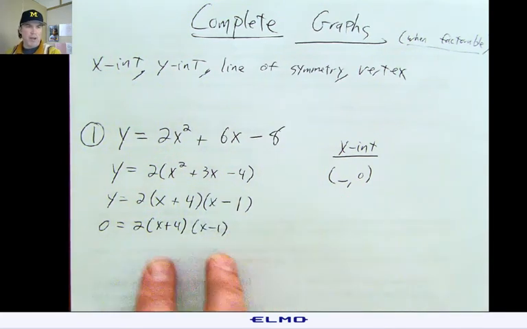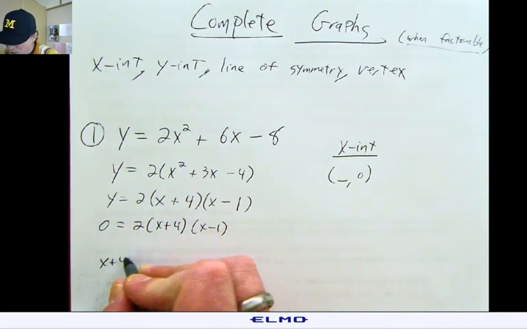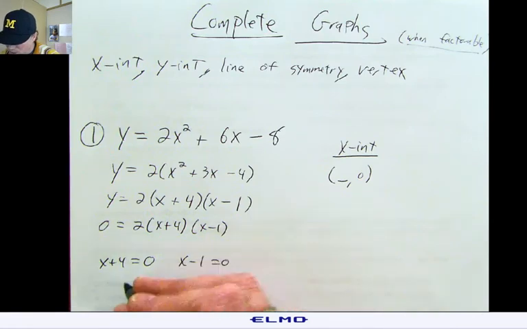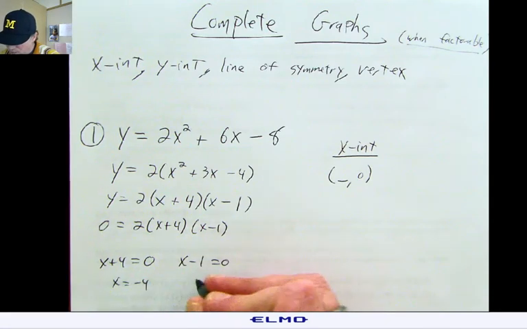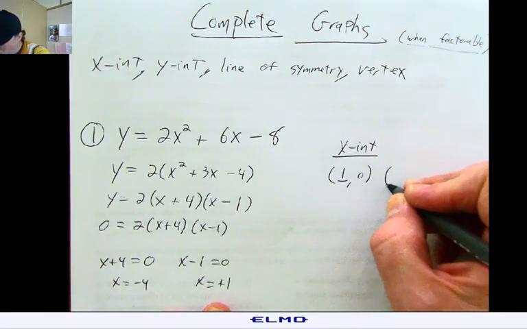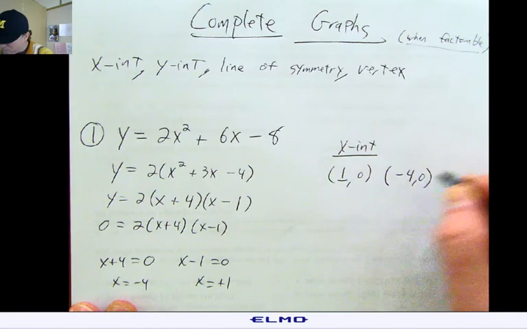As we talked about in class, you set the different x parts equal to 0. So x plus 4 equals 0, x minus 1 equals 0, and I get solutions of negative 4 and positive 1. So one of our x-intercepts is at (1, 0), and the other x-intercept is at (-4, 0).